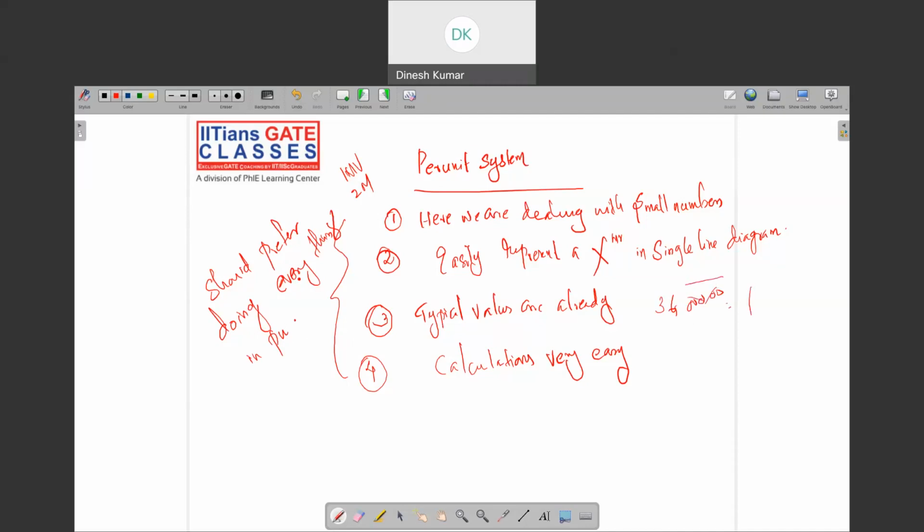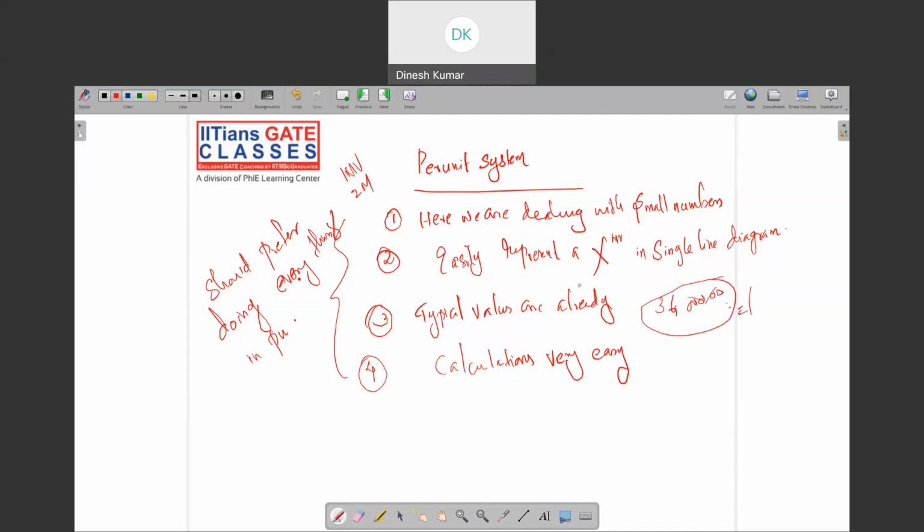So we can save a lot of time this way. In your power system calculations, even in the questions, they will be giving everything in per unit. So it will be very easy for you to do things.